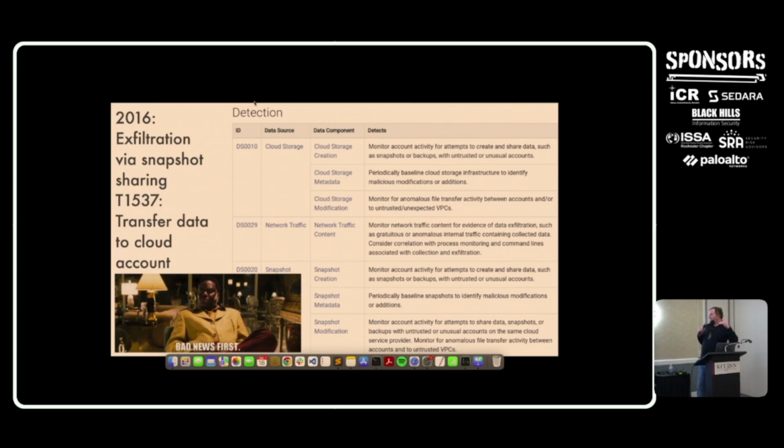They talk about detection in here, and they talk about how, because of the volume of normal snapshot activity, it's going to be impractical to just alert on that generally. So what they talk about is looking for unusual or untrusted accounts or unusual activity. Basically, the guidance is to look for unusual snapshot activity. So then the question is, how do we do that?